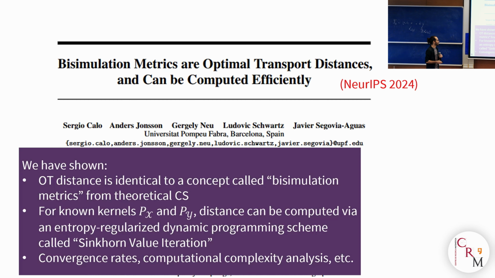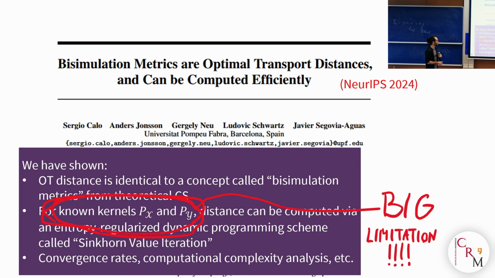But of course, it has a big limitation. And that big limitation is that this approach needs access to the transition kernels Px and Py. And if you remember my applications, specifically representation learning for reinforcement learning, I typically don't know what these transition kernels are. I only have sample realizations of the Markov chains, but I don't know what their transition kernels are.